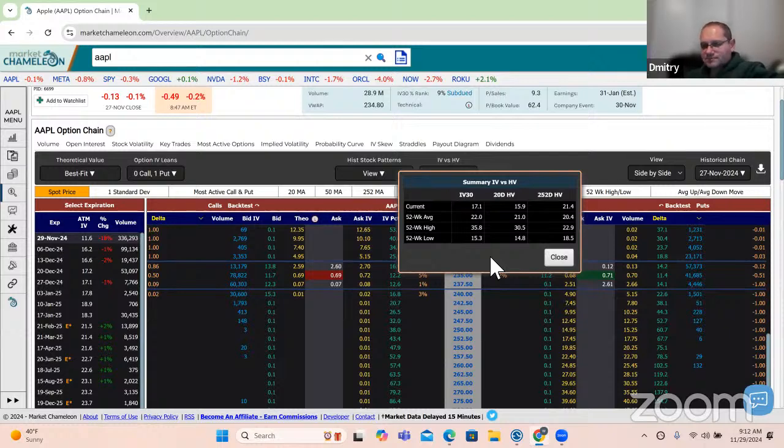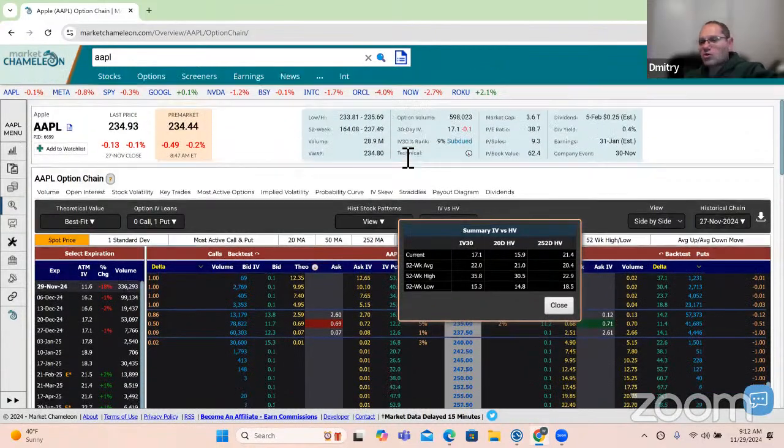So how do we measure the stock's volatility? There's no one correct way to do that. There's no one right formula; there are just different methodologies.